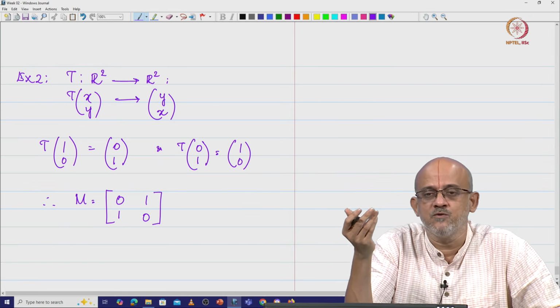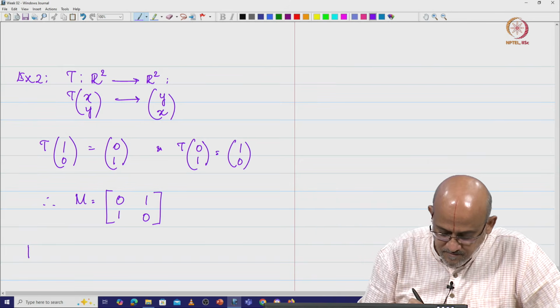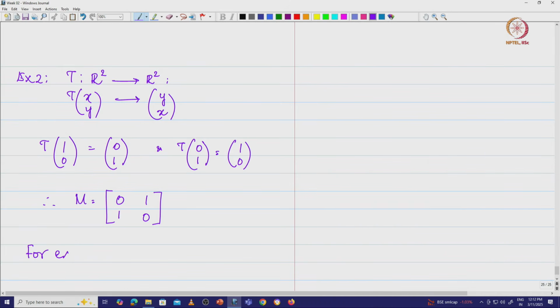For example, in obtaining the row reduced echelon form of a matrix, we may want to swap rows.